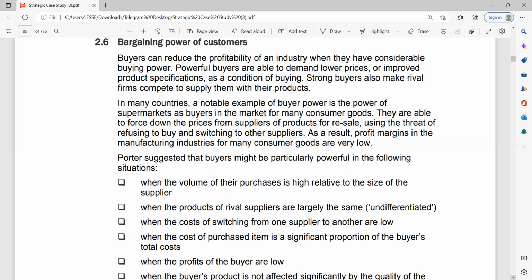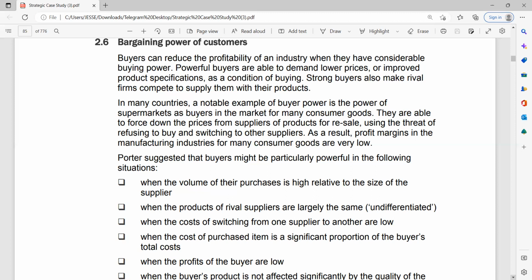It's very, very important. So Michael Porter suggested that buyers might be particularly powerful in the following situations. In which areas do we see the power of the customer or the buyer? They are very powerful when the volume of their purchases is high relative to the size of the supplier.